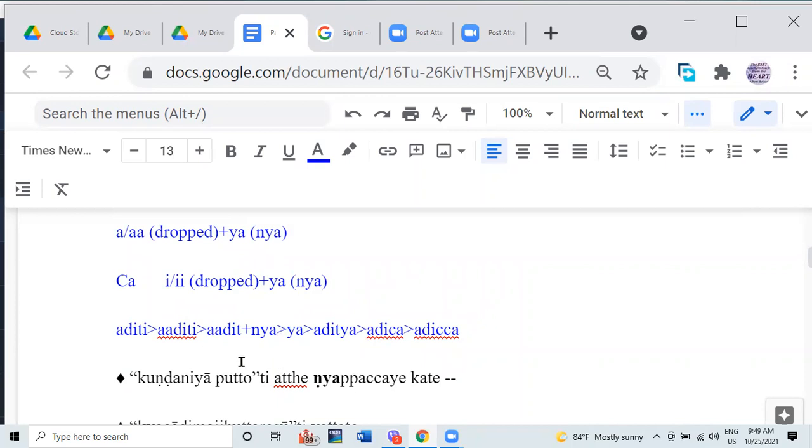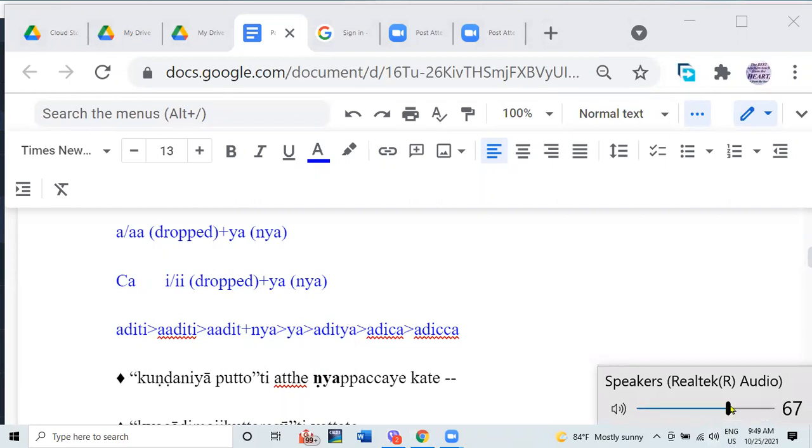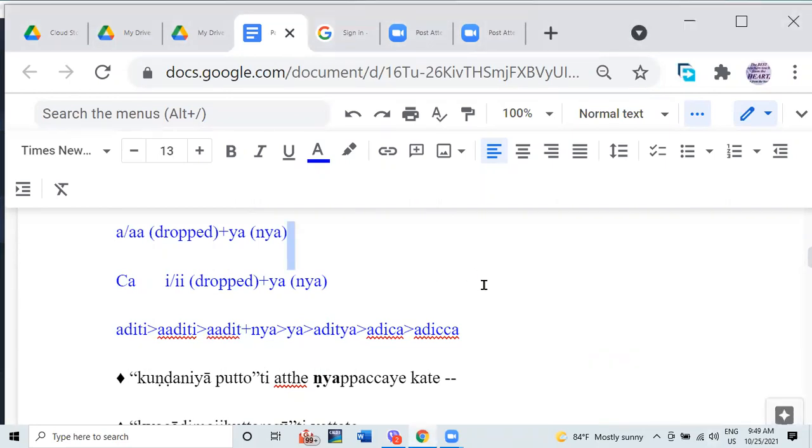So which means we have to strengthen first and then drop the nanubandha after, Sayadaw. It doesn't happen at the same time. I think they should happen at the same time, right? So when we drop the nanubandha, then it becomes lengthened, right? They should happen at the same time, yes. I think. Yes.